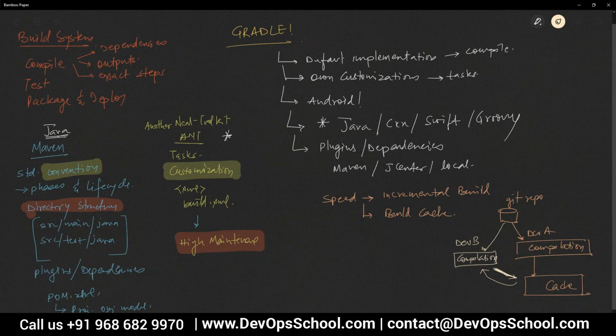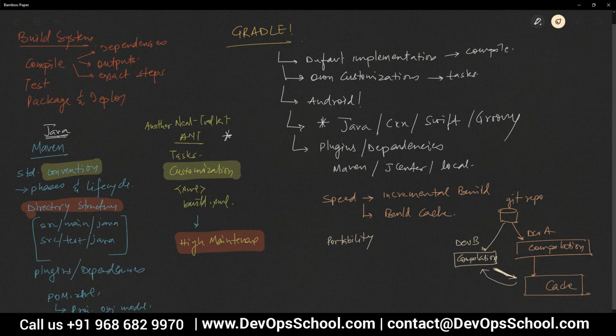Another advantage is portability. When you have a Gradle based project and you want to, let's say, run it on Jenkins. You have not learned Jenkins, I think, till now. But let's say you want to run it on a remote system. There is a remote machine and you want to run a Gradle build there.